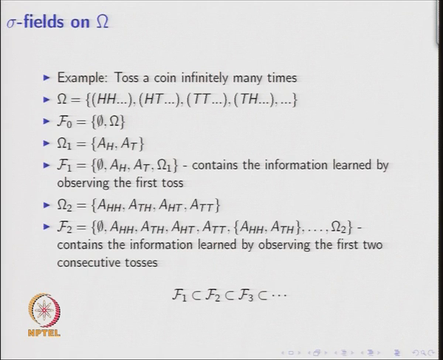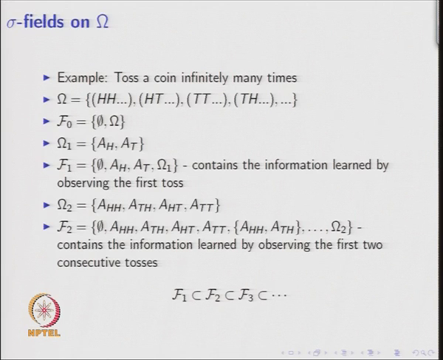So, omega consists of all the possible outcomes in infinitely many tosses, whereas omega 1 consists of only two elements. Therefore, we are creating a first sigma field on omega 1, and after you create four elements, the possible outcomes, after framing the possible outcomes into the four elements, you get omega 2.